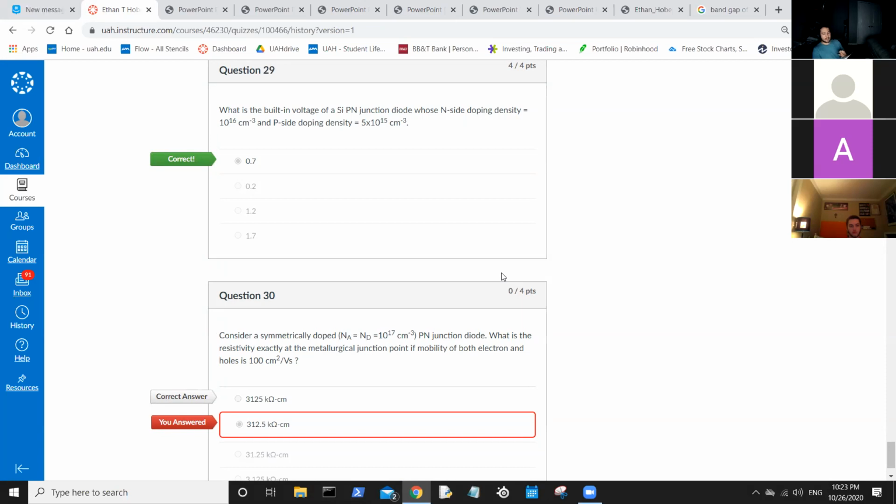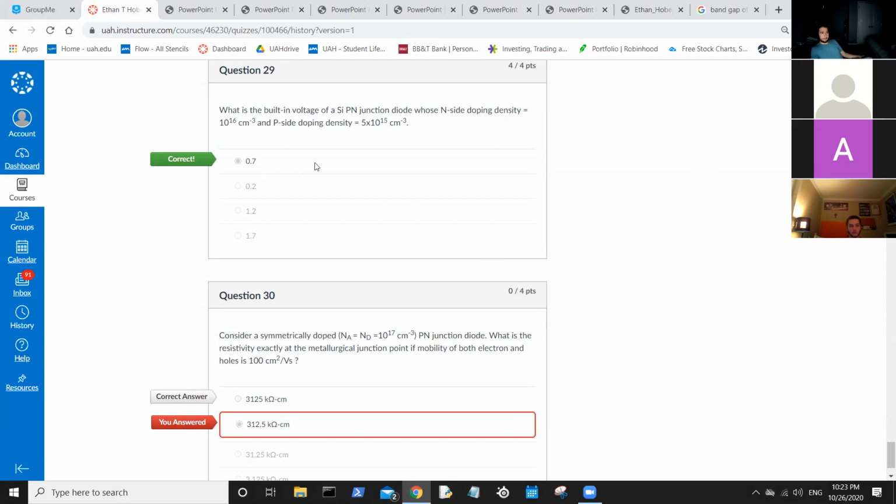There's a bunch of stuff here that can be automatically plugged in because there's a lot of constants. So the way that I remember it is 0.026 times ln of N_A times N_D over 10 to the 20th. And that's going to yield you your built-in voltage, because n_i squared is a constant, and kT over q is a constant.